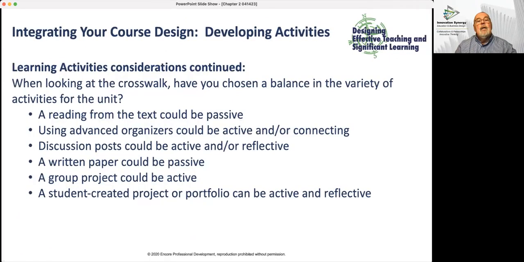Now, again, when you're looking at the crosswalk, have you chosen a balance in a variety of the activities for the unit? So these are all important ways to do that. Look at the activities that you have in your course. Identify if they're passive or active, connective, reflective, and be able to talk about the different ways that you're using them so that you have a balance.